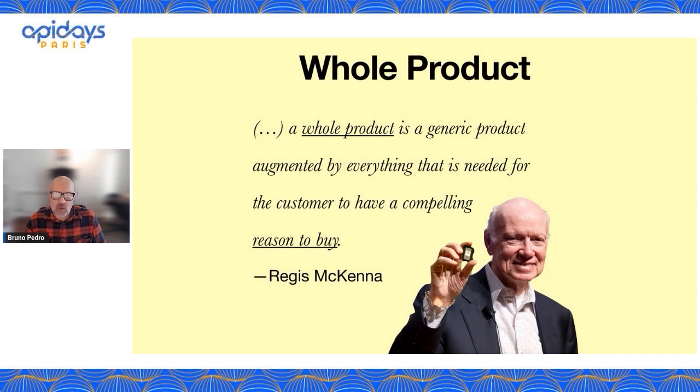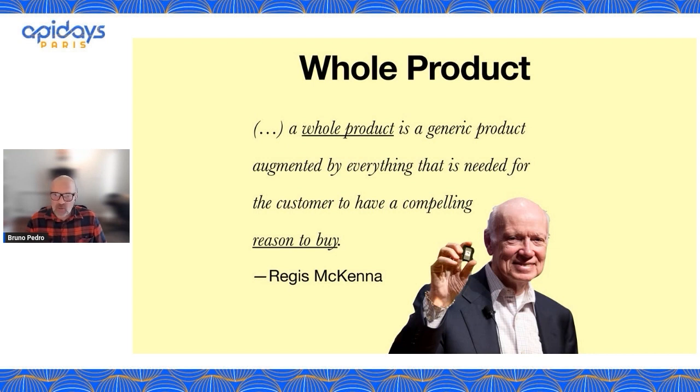And the whole product is in fact the generic one, so the computer in this example, plus all the other things that you need to get your job done by using the computer.